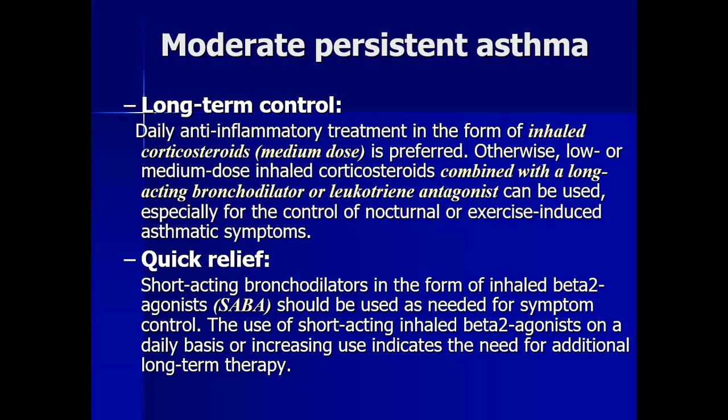Quick relief: short-acting bronchodilators in the form of inhaled beta-2 agonists should be used as needed for symptom control. The use of short-acting inhaled beta-2 agonists on a daily basis or increasing use indicates the need for additional long-term therapy.